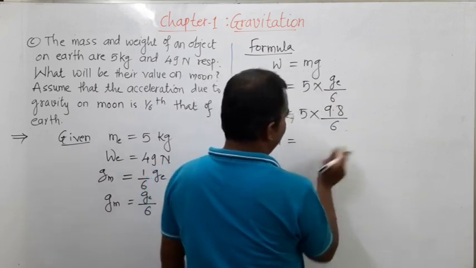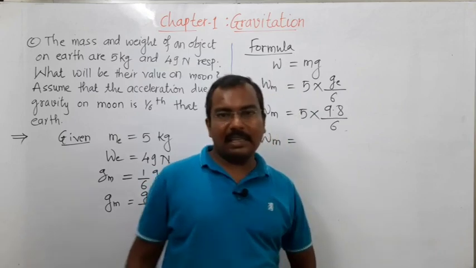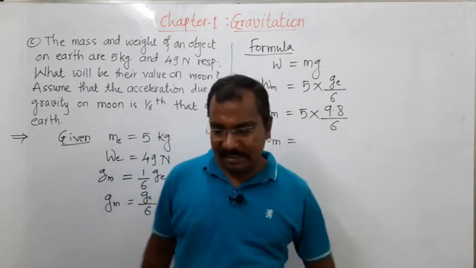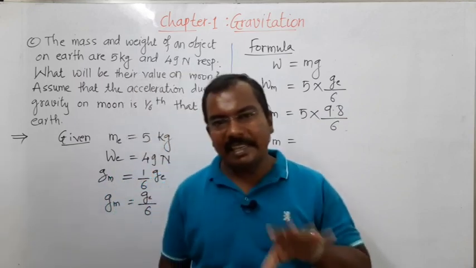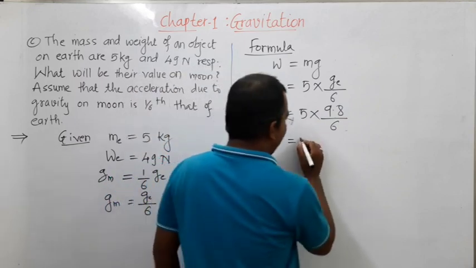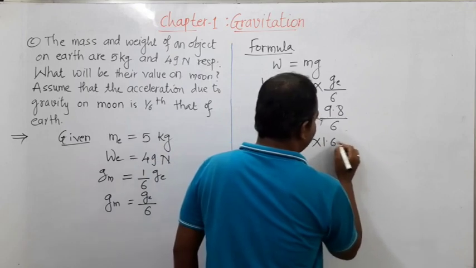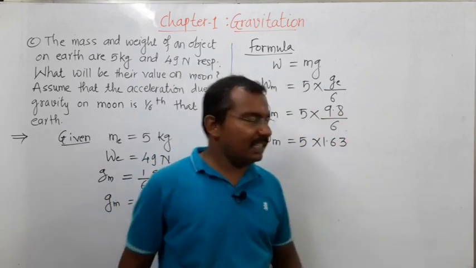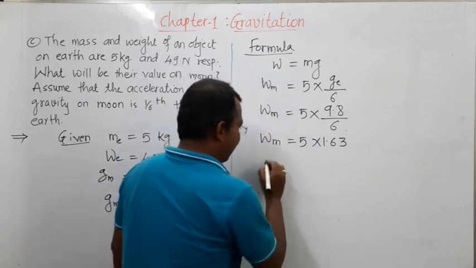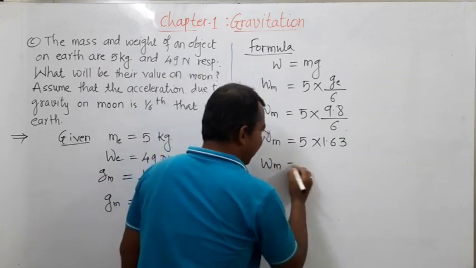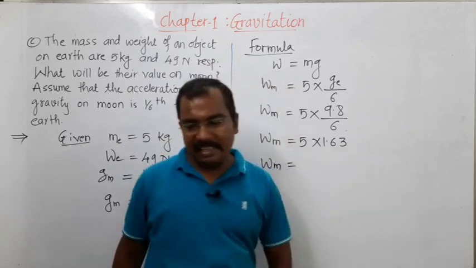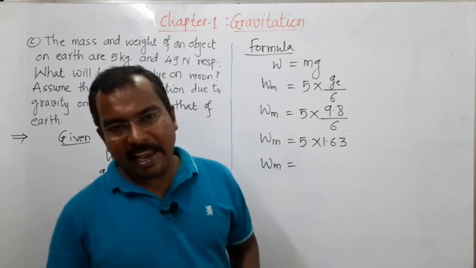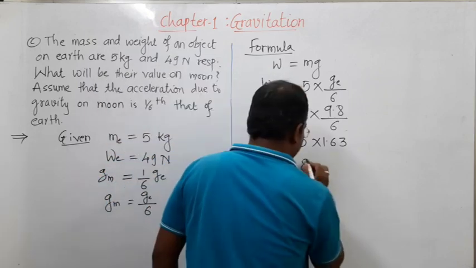W_M is equal to, now this multiplication and division everyone knows, 9.8 upon 6 will be 1.63. 5 into 1.63, you can do this calculation yourself. This calculation is very simple, not necessary to explain. W_M again 5 into 1.63 is, can you do it? 5 into 1.63, the value is 8.15.